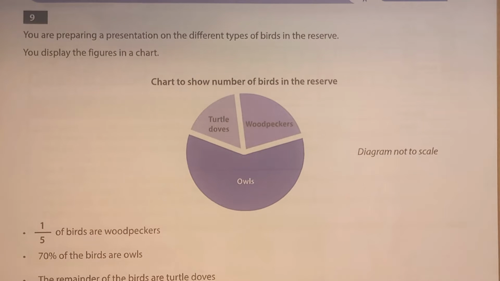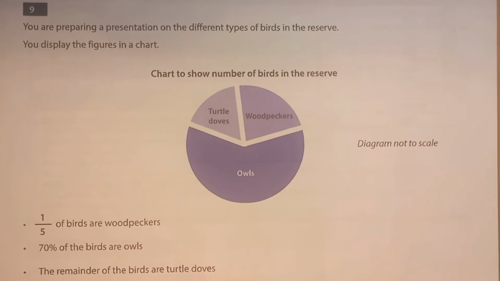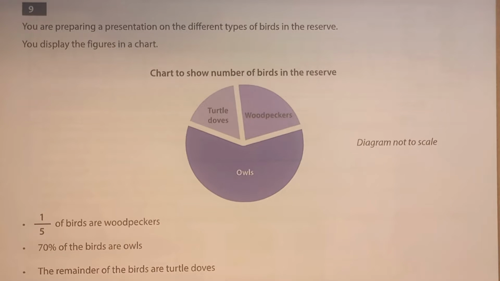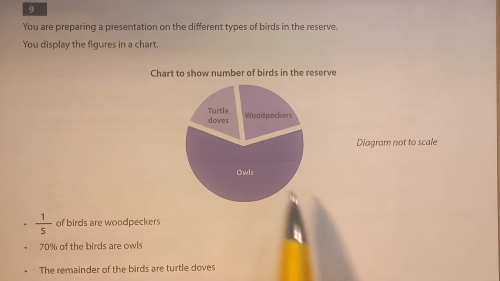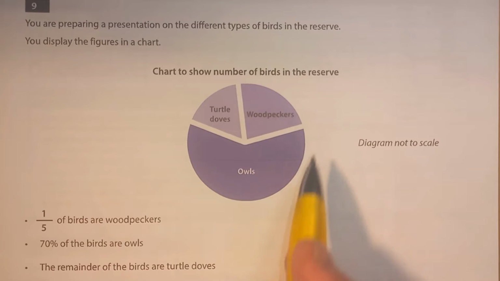Okay, we're on to question 9 now. Let's see if we can fit that on here. You are preparing a presentation on the different types of birds in the reserve. You display the figures in a chart. And we've got the chart here to show the number of birds in the reserve. This is a pie chart.